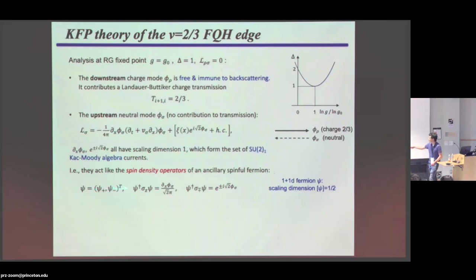By defining a 2-component fermion, with the 2 components being a spin 1/2 or pseudo spin 1/2, I can look at the spin density of these fermions, which is just psi dagger Pauli matrix psi. So you have 3 Pauli matrices, sigma z and sigma plus minus, and if you identify them with partial x phi and e to the plus minus i square root 2 phi, they give you exactly the same algebra. That means they satisfy the same commutation relations and any other properties of operators.